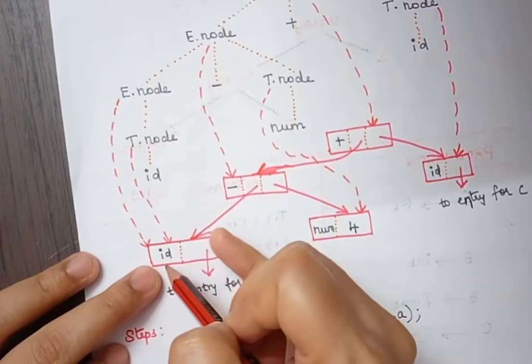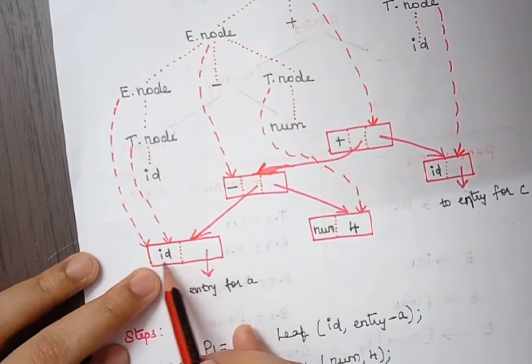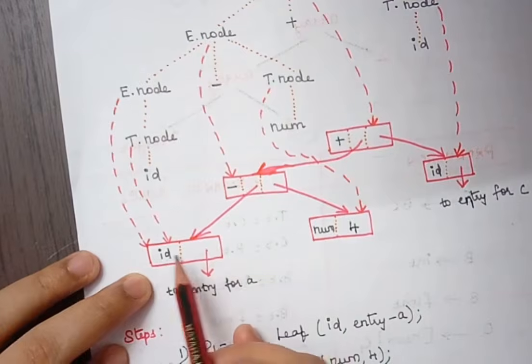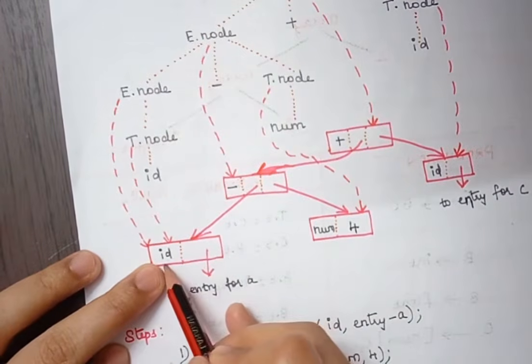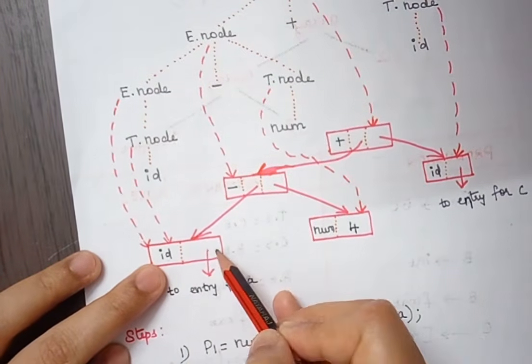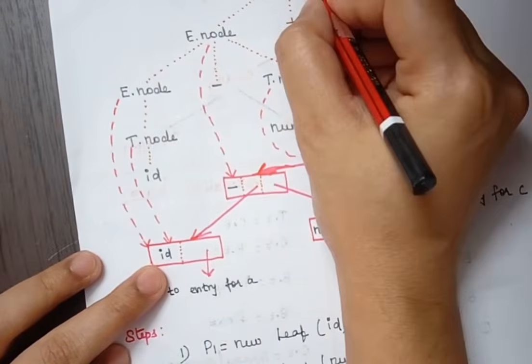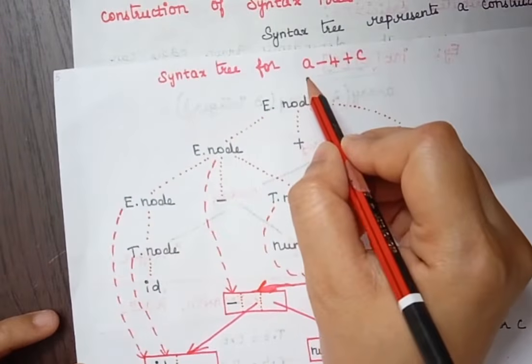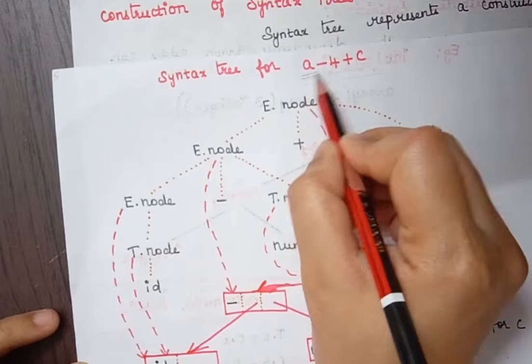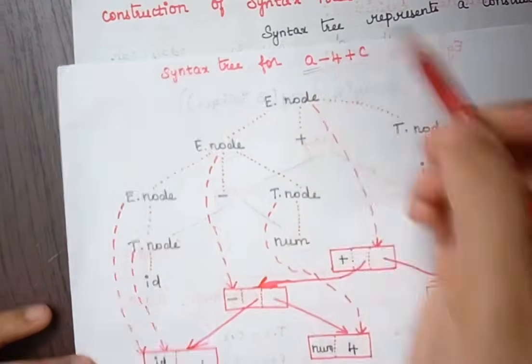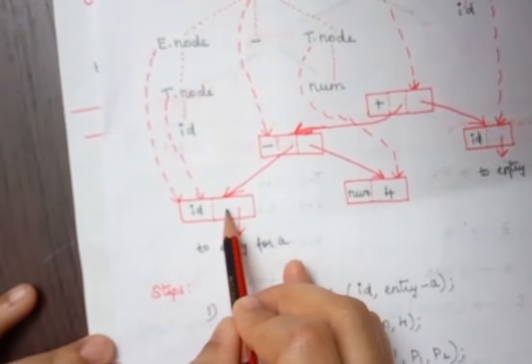For this terminal ID we created this object, and this object contains two fields: the first field contains ID and the second field contains the entry for A. Why? Because in the expression the first ID is A, so this will be entered here, right?